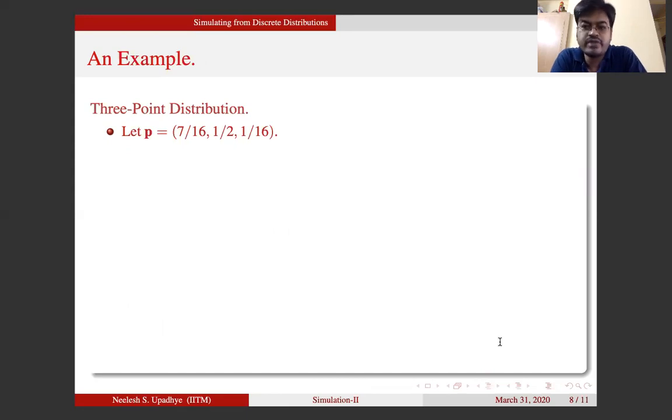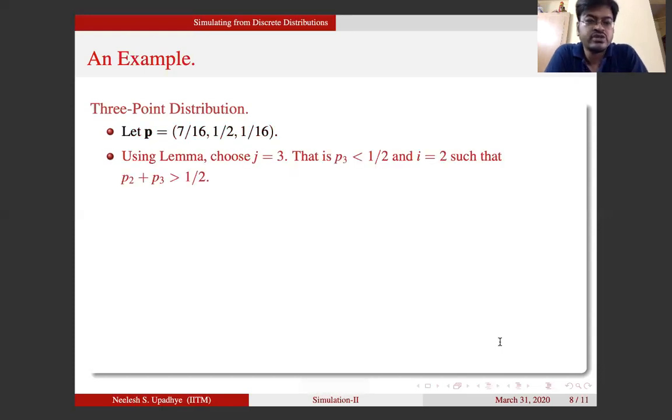So 1 upon n minus 1 will be 1 by 2. So are there any points which are less than half? Yes, there are 2 points, 7 by 16 and 1 by 16. I can work with any of these 2 points. Let me fix point 3 as the first point. So choose j is equal to 3. That I have chosen using the lemma because P3 is less than half.